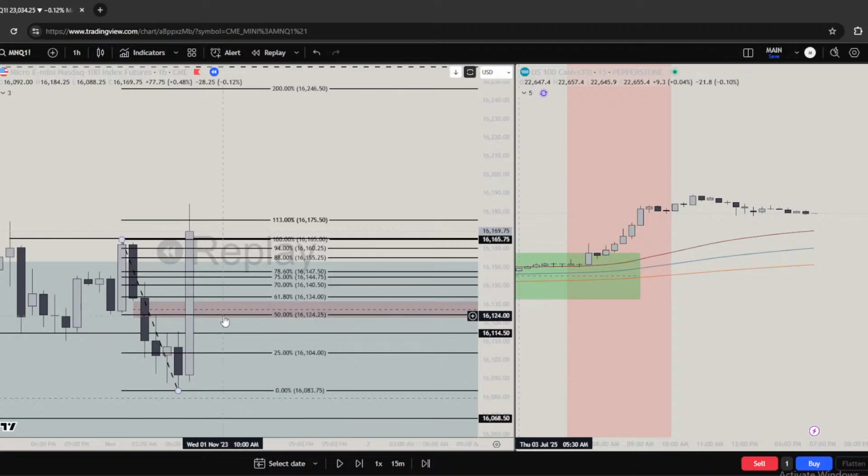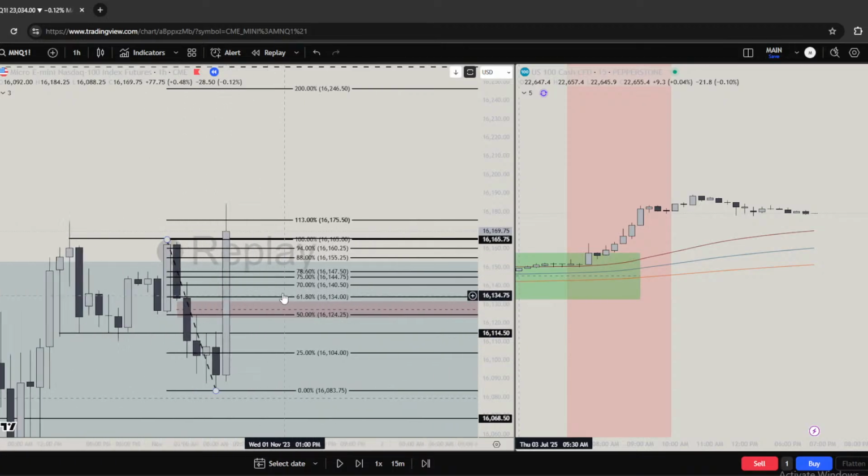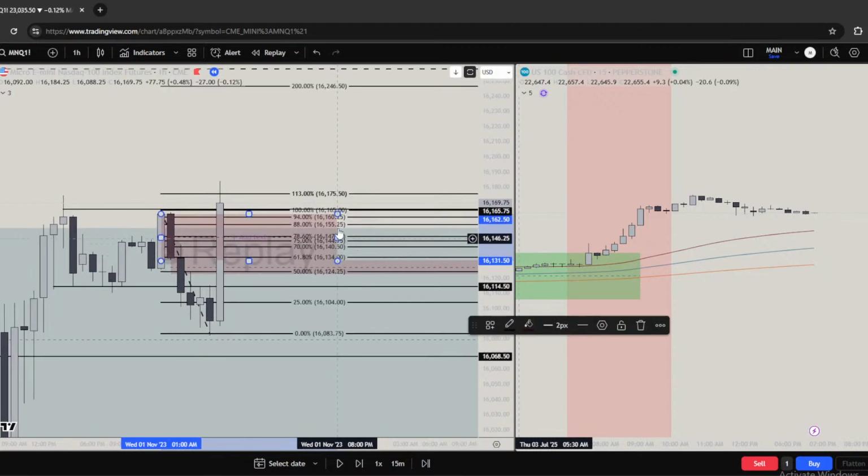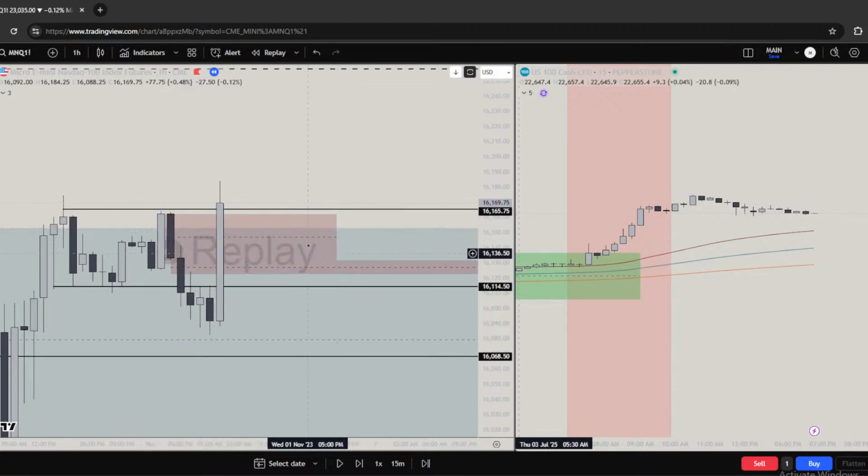Yeah, so I'll be looking for price to manipulate here. You also got this order block here you have to pay attention to. Okay, I'm just looking at it. Let's delete this.